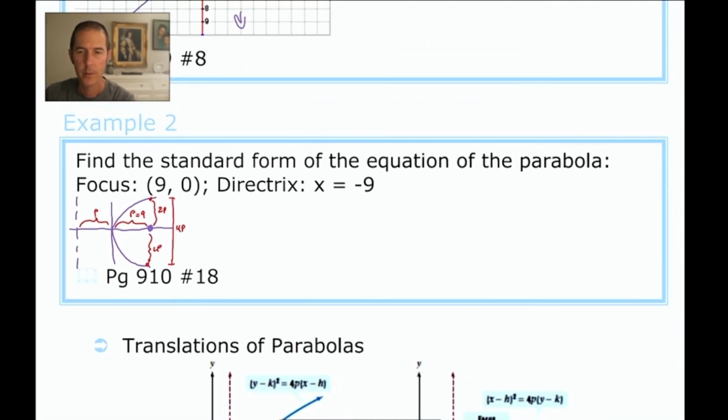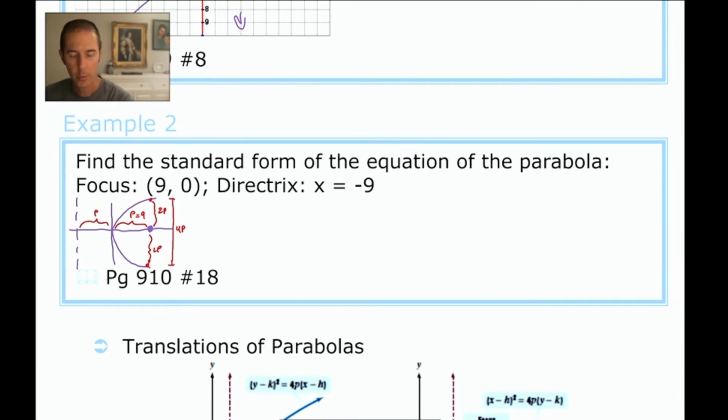This is a sideways opening parabola. So these are the kinds of things that I struggle to know exactly how to write down for you. Really, I want you to write them down in your own words, but I'll do my best. It's concave right.